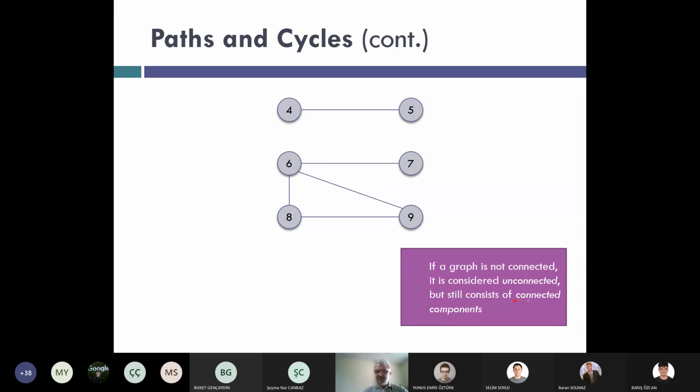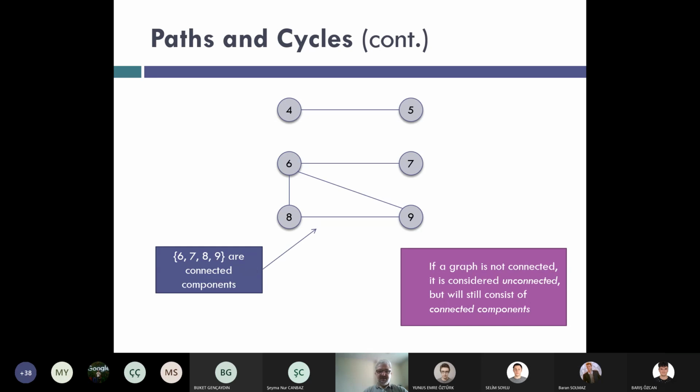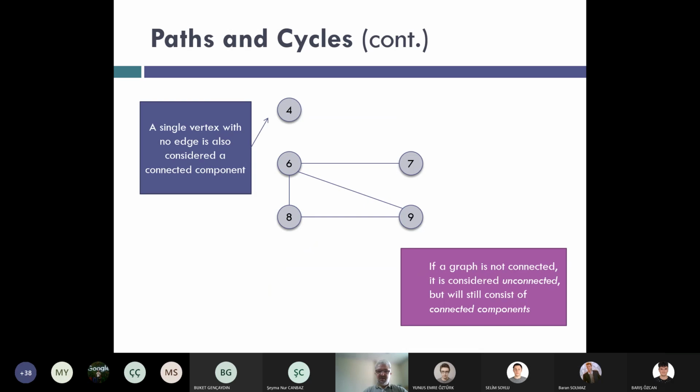This one still consists of connected components. There are 2 connected components. 4 and 5 form a connected component, and 6, 7, 8, 9 is another. We can find connected components in a graph that is not connected. A connected component can have only 1 vertex as well.